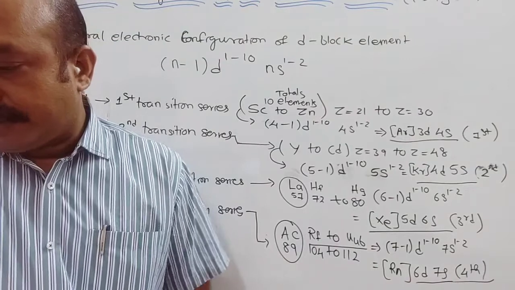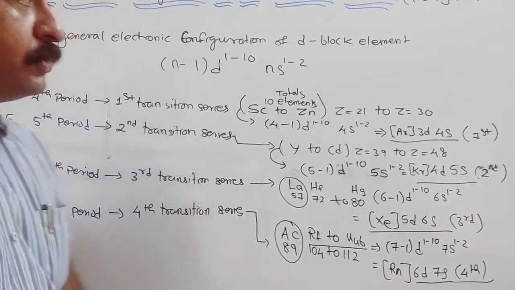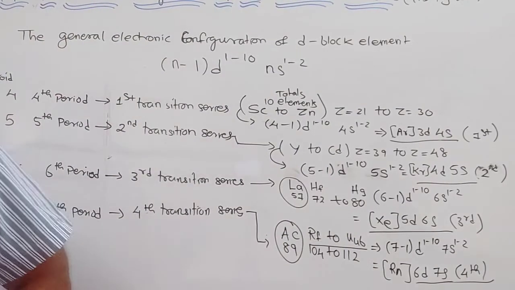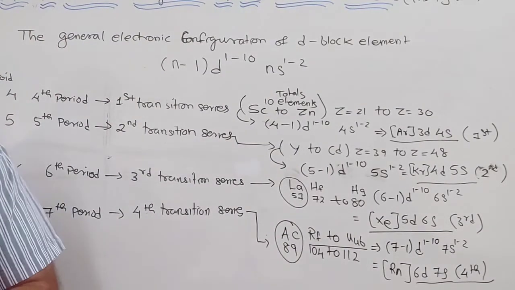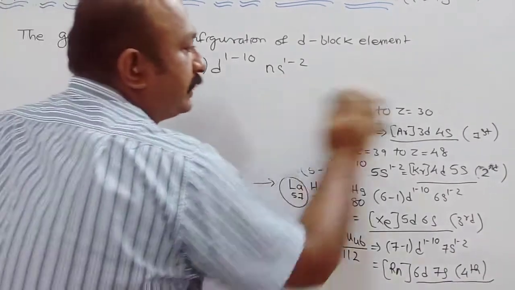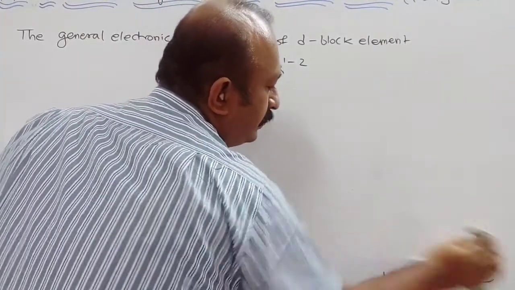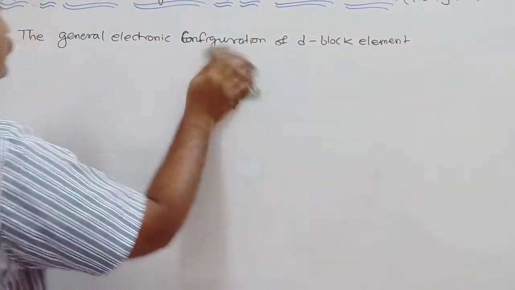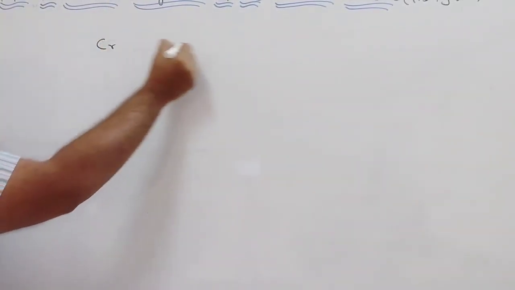Okay, so now one part is given in the textbook, that is of chromium. Chromium and copper, they have explained. There are certain exceptions in that. Okay, now certain exceptions are there. So in that they have explained chromium and copper.